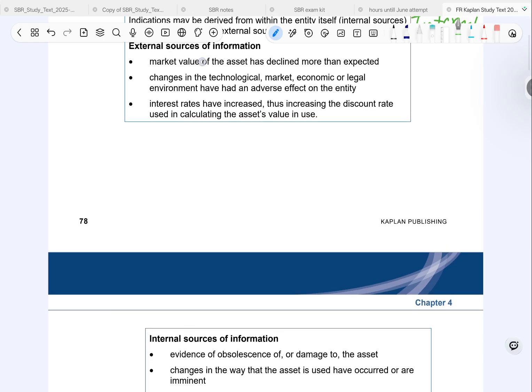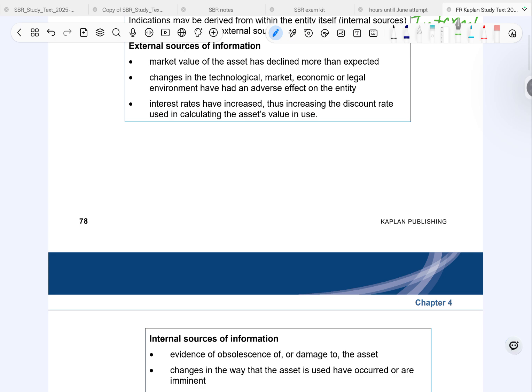The external sources of information, or the external indicators, include: the market value of the asset has declined more than expected. So whenever a new iPhone model is launched, the value of the one which was launched before it always depreciates.